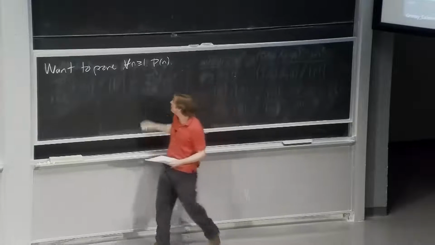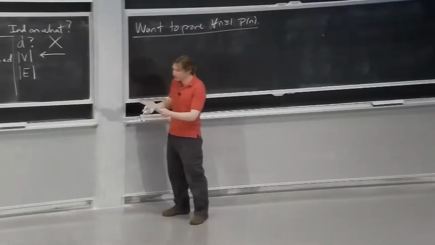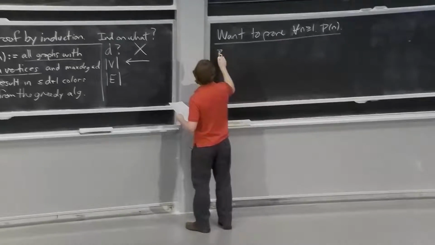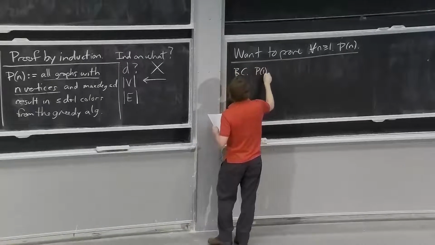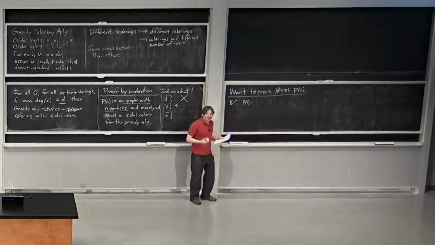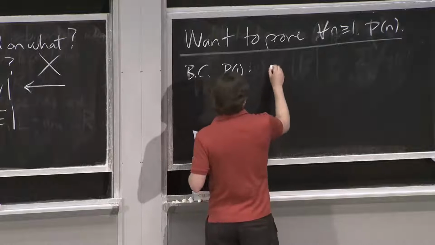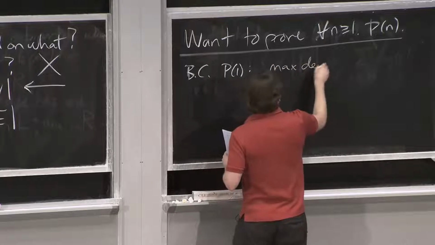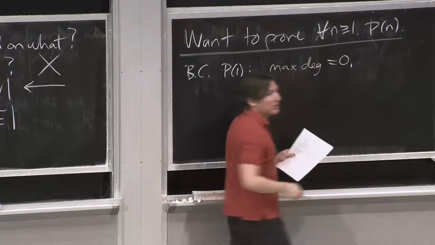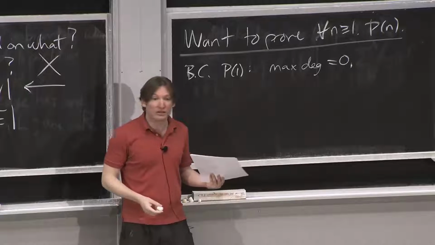All right, so let's actually prove our theorem. Base case, P of 1. Well, if there's only one vertex, we know what the greedy coloring is going to do. Max degree is 0, because there are no edges if there's only one vertex.